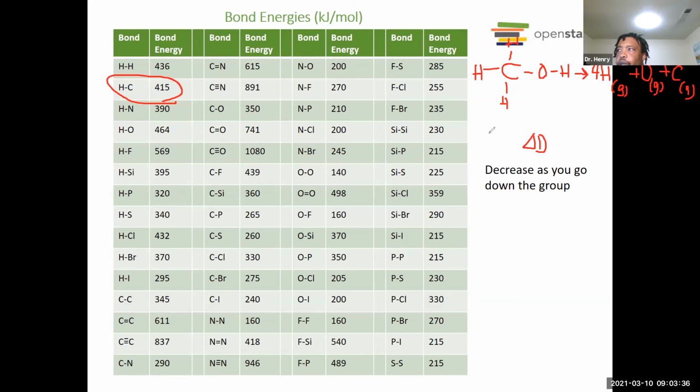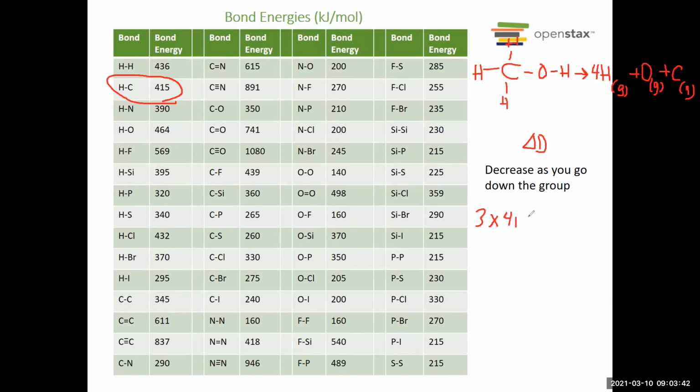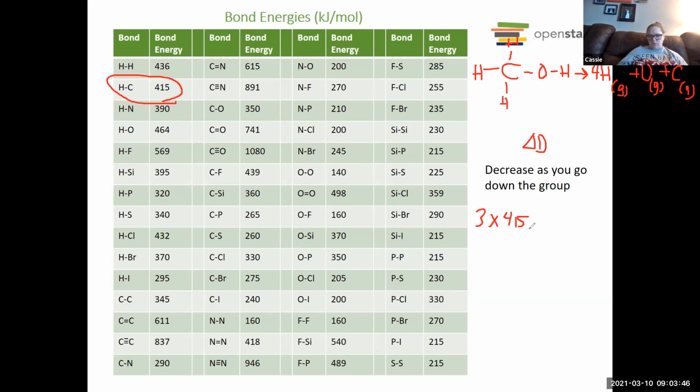3. So we'll go 3 times 415. Okay. 1245 kilojoules per mole.